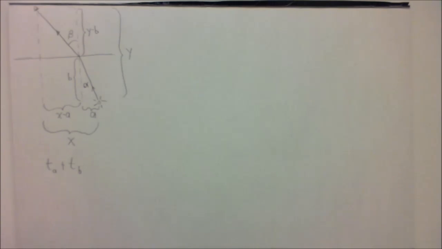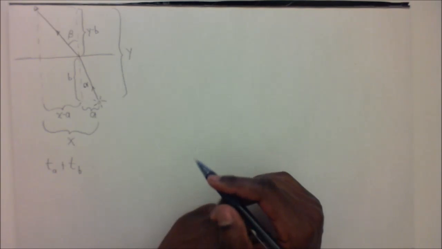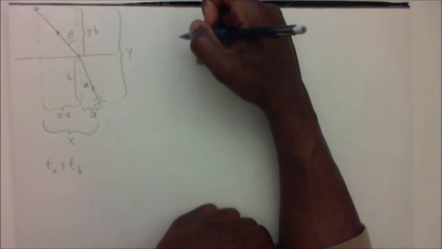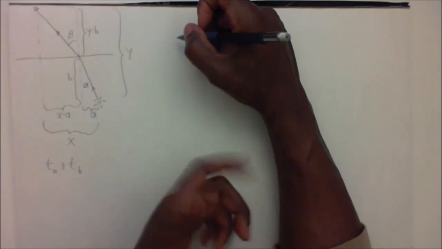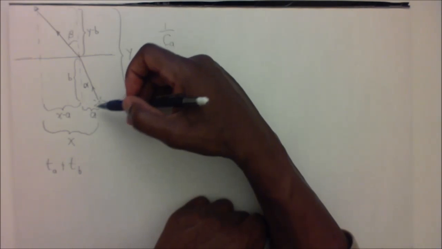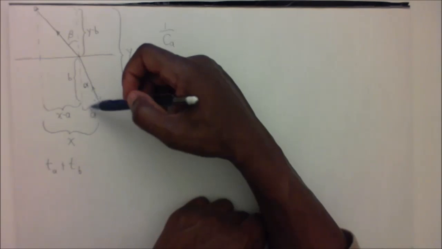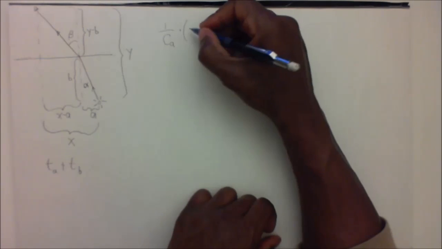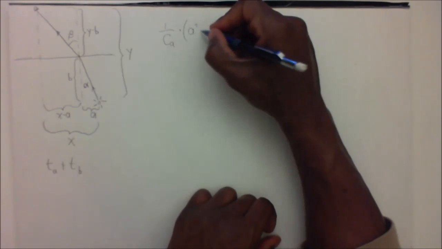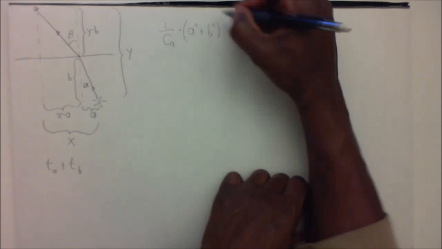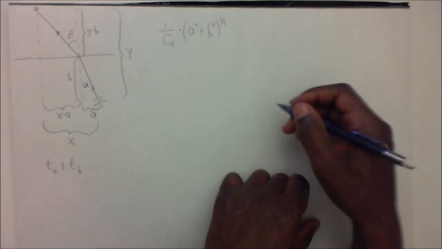So the time that it takes to traverse through A, using the speed of light through A, is basically the distance divided by the speed. So it's 1 over c sub A times, using the Pythagorean theorem, the square root of a squared plus b squared. To make it easier, I'm just going to raise that to the 1/2 power, same as taking the square root.